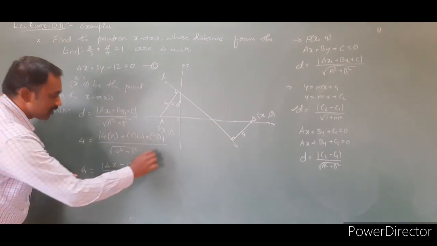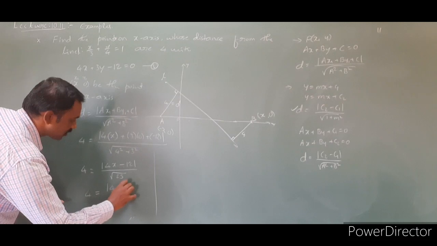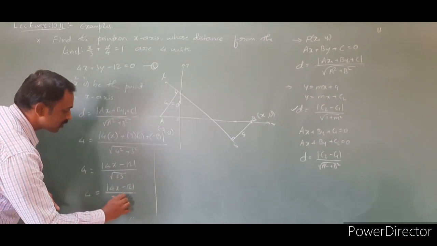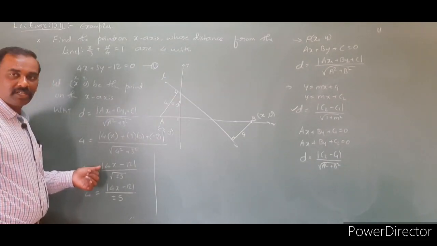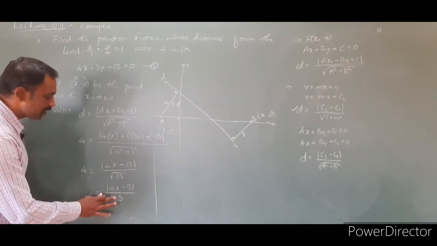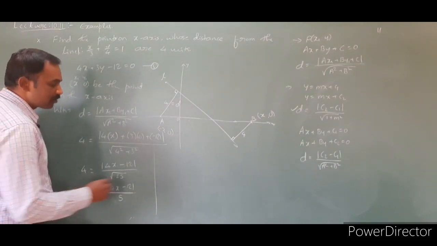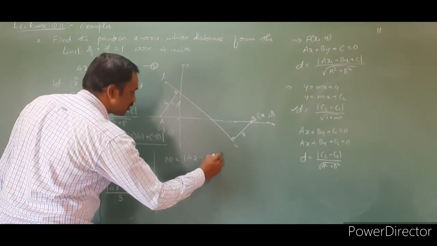So 4 is equal to mod of 4x minus 12 divided by root 25. Can I write it as plus or minus 5? Or else you can remove the modulus sign, and plus or minus we need to take. Here I write 5, then cross multiply: 20 is equal to mod of 4x minus 12.